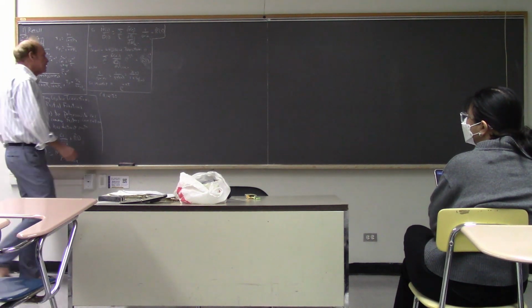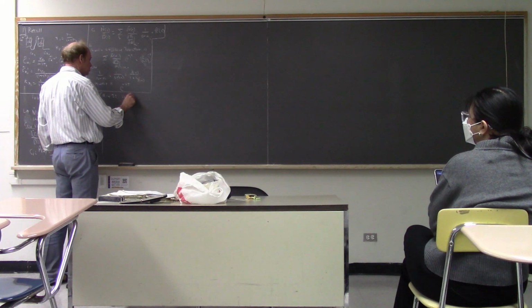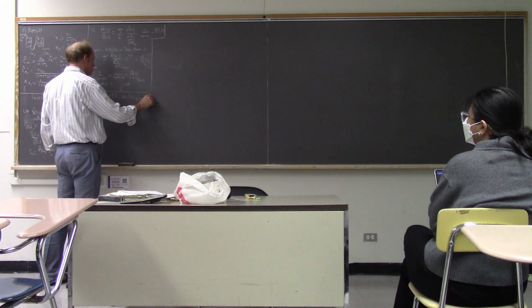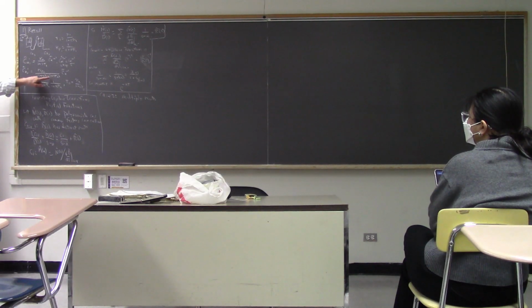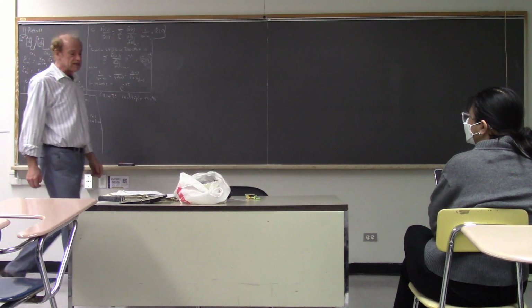So case 2 is a case where I have multiple roots. What does multiple roots mean? That would be the case, for example, where tau 1 equals tau 2. So I have 1 plus s tau quantity squared. So the root is minus 1 over tau, and it's there twice. Now, why is that interesting?